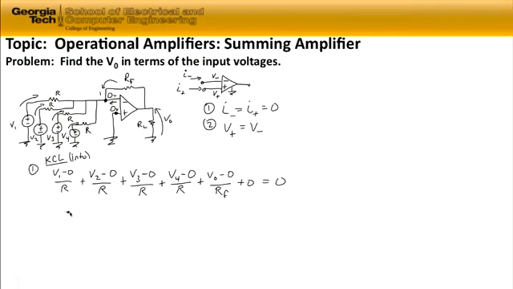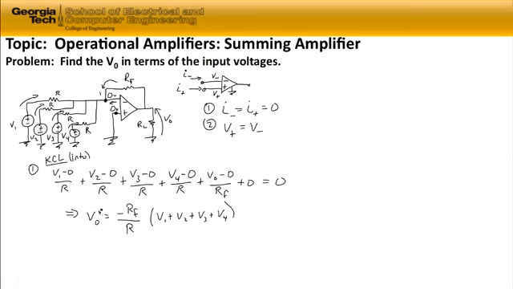If we rearrange this equation and solve for V out, we can easily see that V out is equal to minus R sub F, since we've moved R sub F to the other side, divided by R, since they all have the same resistance values at the input, times V1 plus V2 plus V3 plus V4.